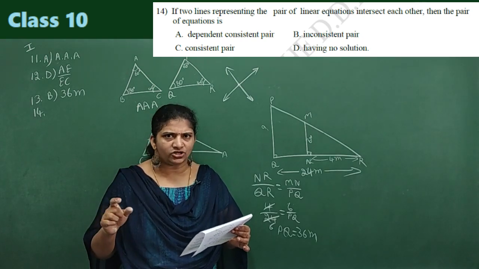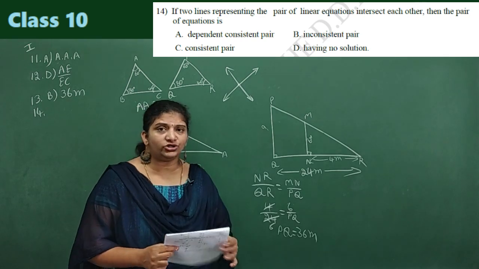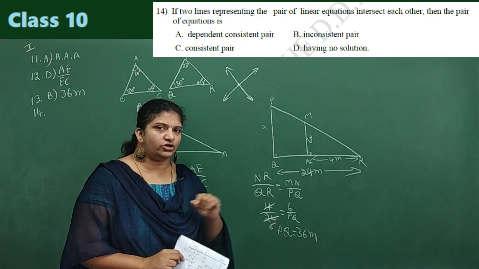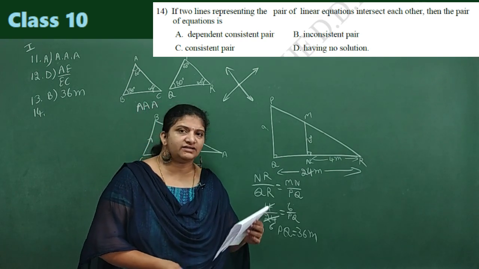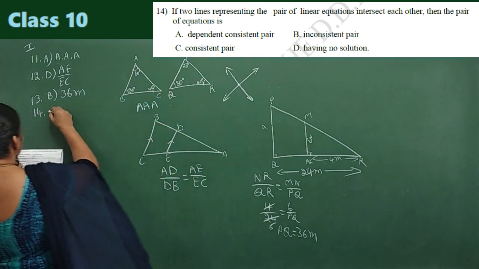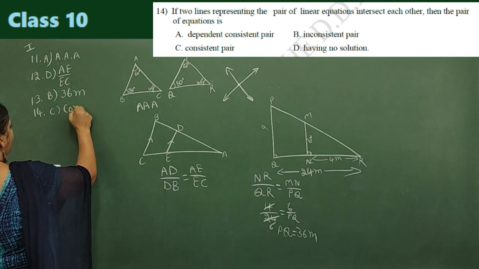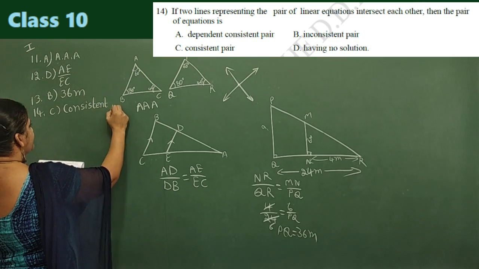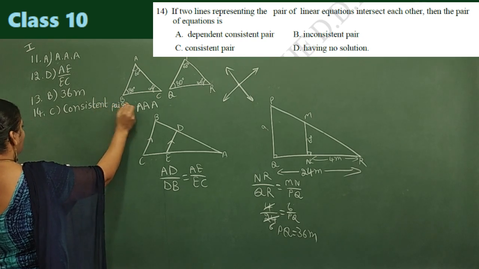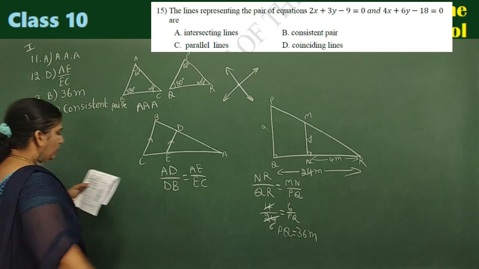D, having no solution. No, it has a solution. It has one solution or unique solution. So, I go with the answer C. C option, consistent pair.